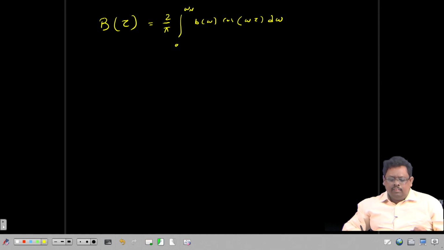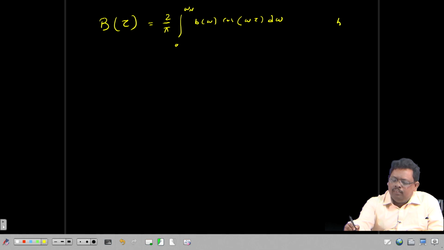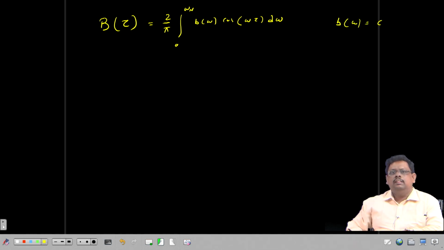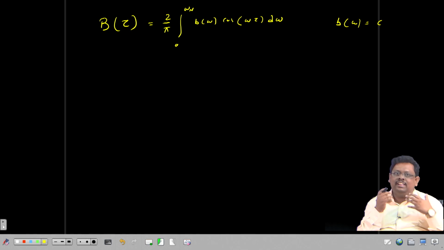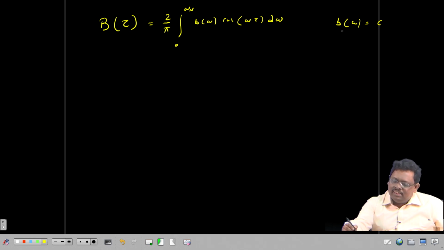Okay. Now, the simple thing is that let us assume that b omega is some constant c. This is a simple way of understanding the nature of the solution b tau. So let us assume b omega is a constant.